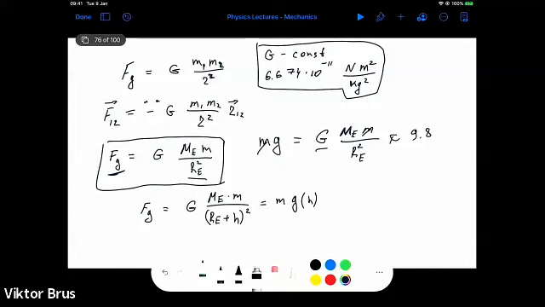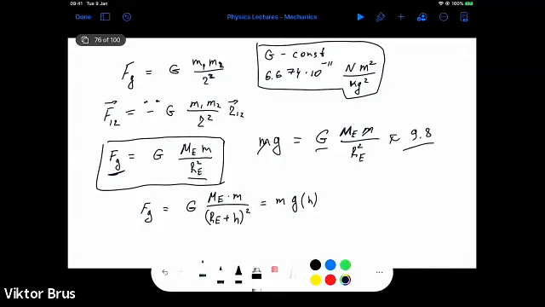So g is not a constant. It changes and depends on the location. On the surface of the Earth, it's 9.8. But if we move away from the planet, it will decrease.